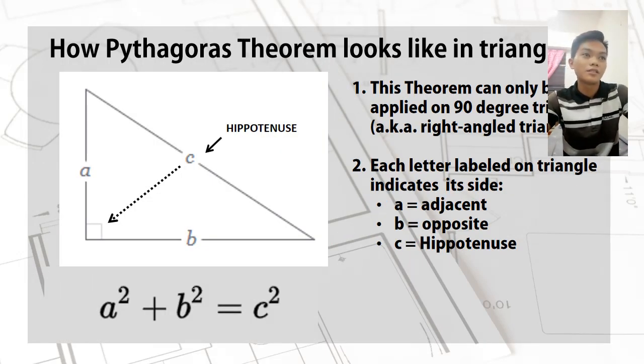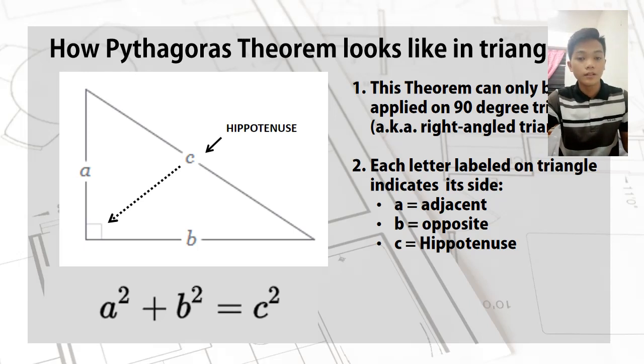How does the Pythagorean theorem look in a triangle? This theorem can only be applied on a 90-degree triangle, also known as a right angle triangle. On this diagram, each side of the triangle is labeled with the letters A, B, and C. Each letter indicates its side: A for adjacent, B for opposite, C for hypotenuse.